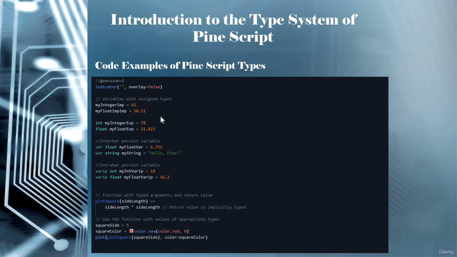In this example, we see various types declared and initialized, and let's review them one by one. So in the first section we see that an integer type is declared and initialized.